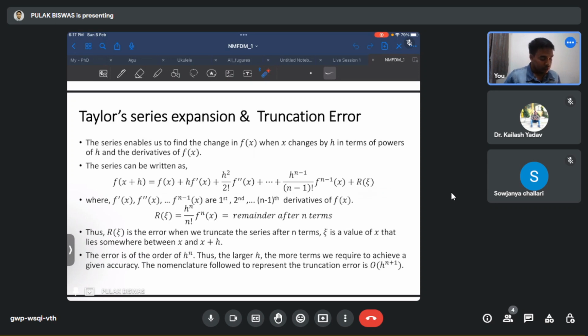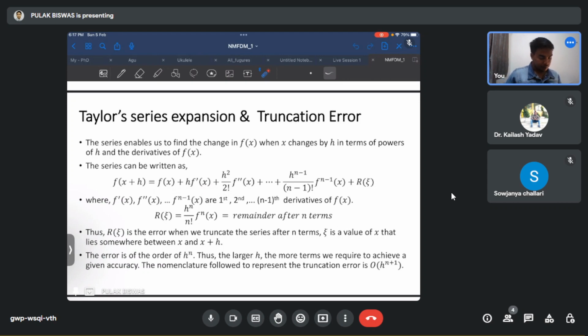And this error has this form. In reality, we do not consider the entire length of this Taylor series. Instead we consider only maybe the first few terms, and whatever terms are left come within the error.